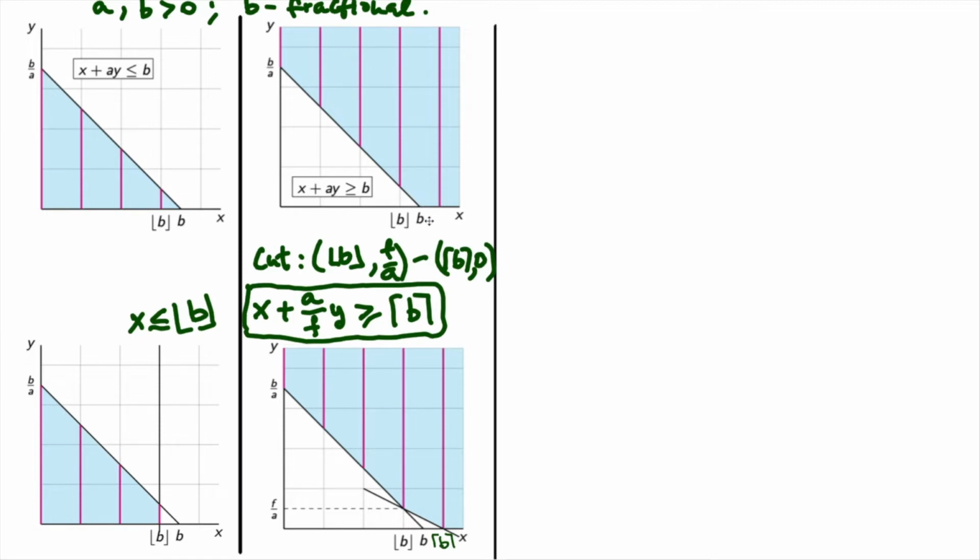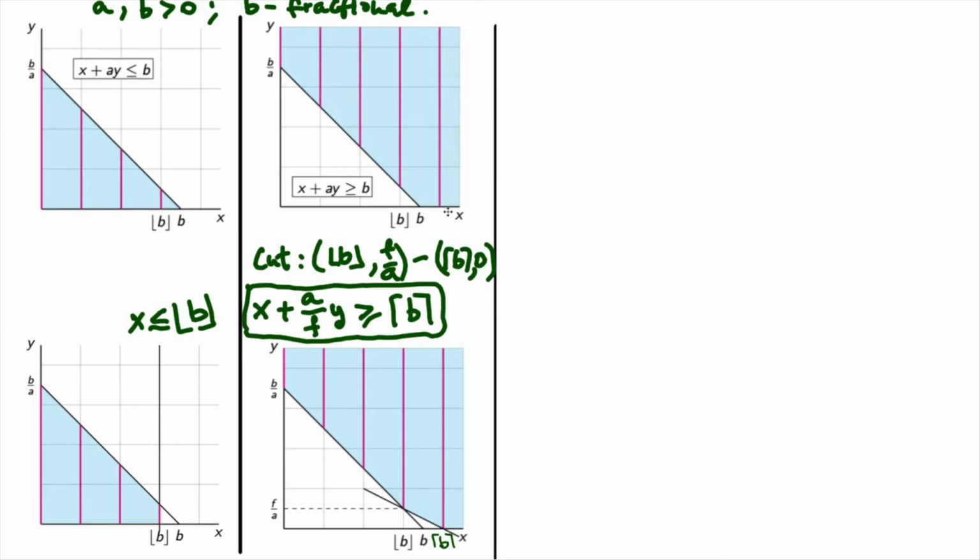Okay, and now we can see how we can cut off this fractional point. So all I need to do is to draw the line here between this point right here and this point right here. So if I add the cutting plane passing through these 2 points, then we'll cut off the fractional corner, and again we'll have a perfect description of the convex hull of all the feasible solutions for our mixed integer program.